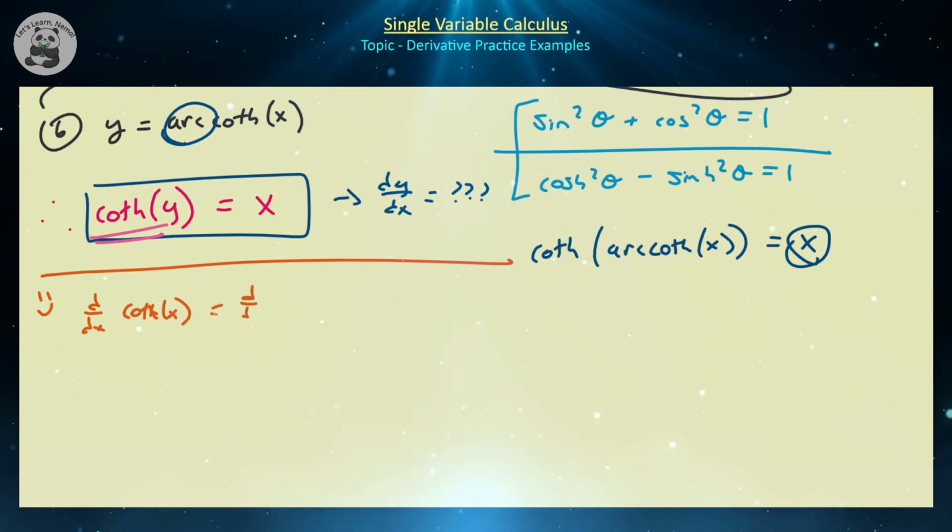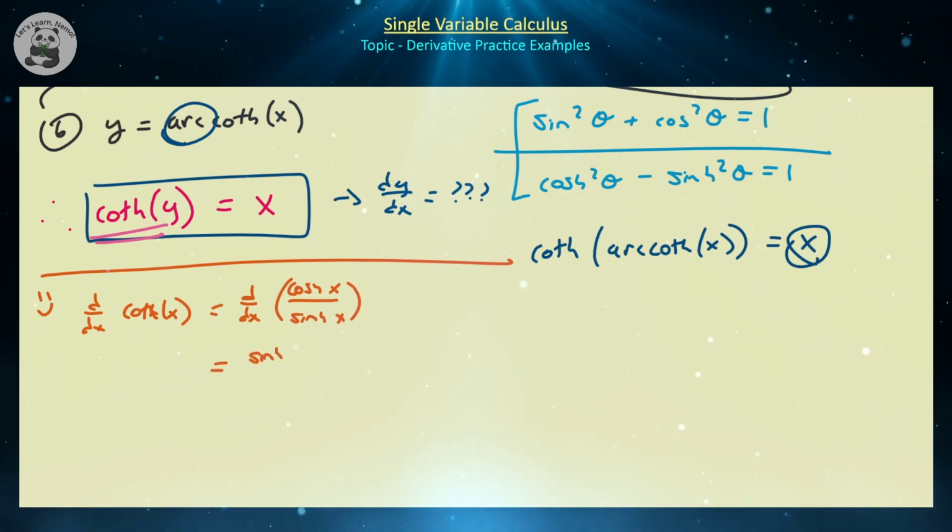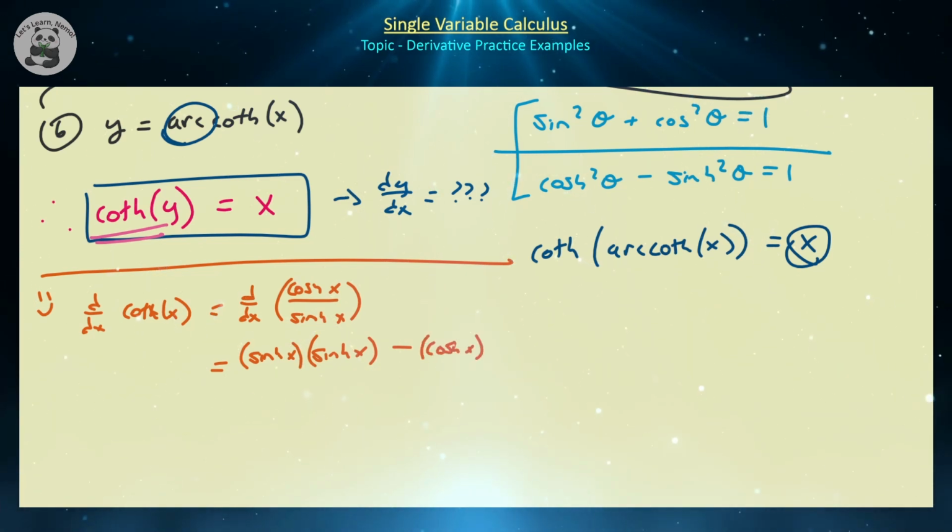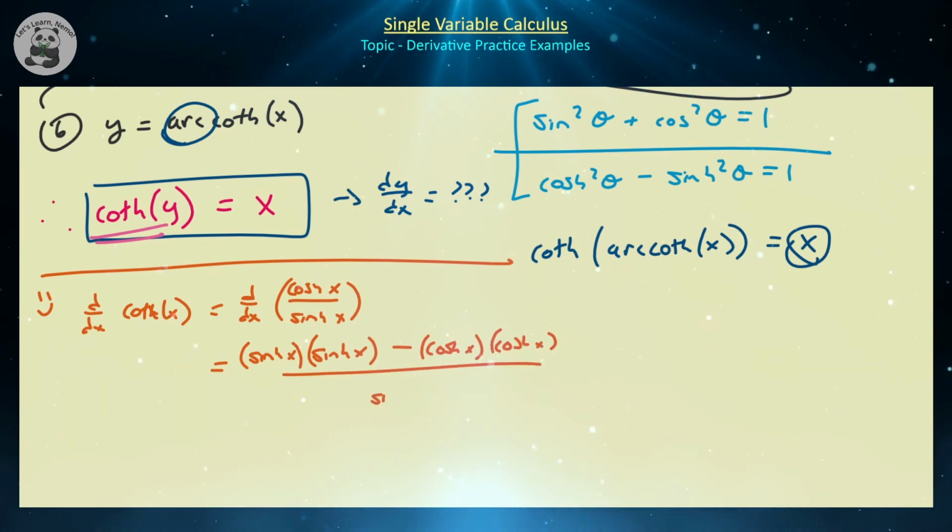That's just going to be equal to the derivative of hyperbolic cosine over hyperbolic sine. So bottom, derivative of top: the derivative of cosh is sinh. There's no minus in the hyperbolic world. Minus top, derivative of bottom: the derivative of hyperbolic sine is hyperbolic cosine, all over the bottom squared.